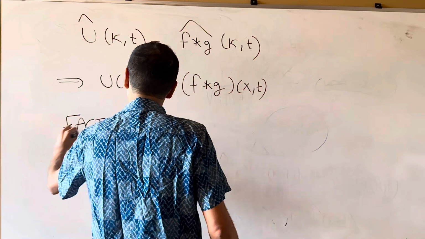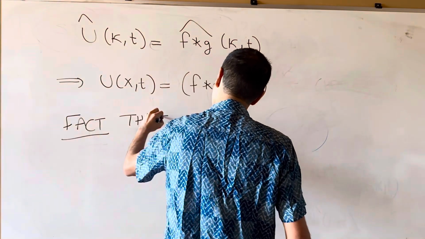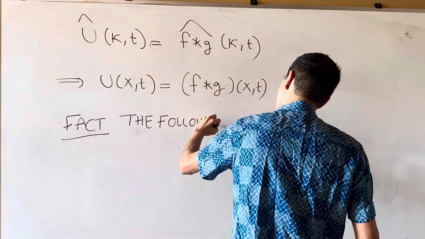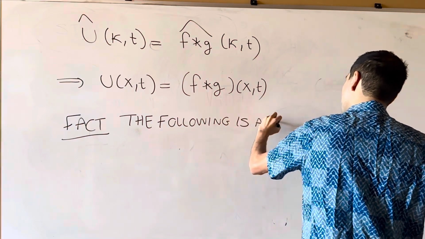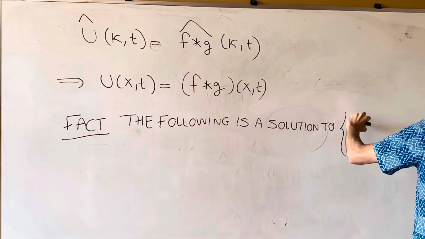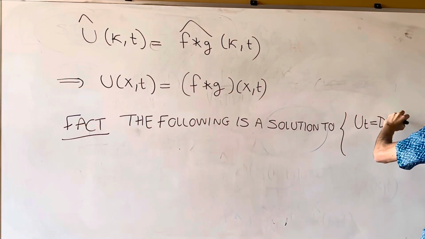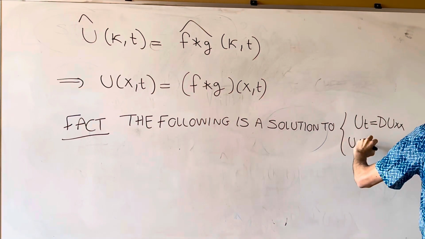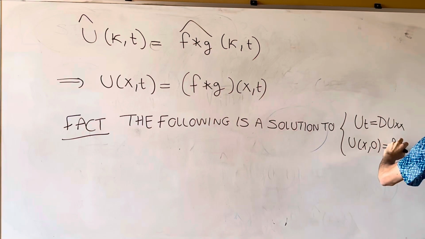In fact, the following is a solution to u_t equals d u_xx with initial condition f of x.